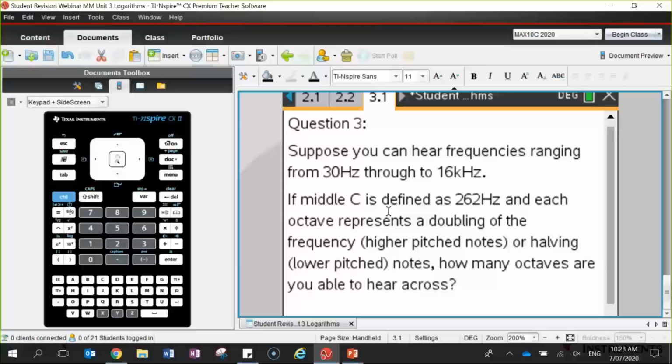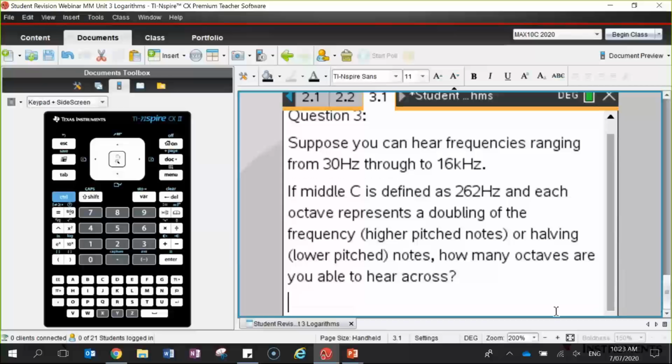All right, it then says, if middle C is defined as 262 hertz, and each octave represents a doubling of the frequency to go to higher pitch notes, or a halving of the frequency to go to lower pitch notes, how many octaves are you able to hear across? So what I've got to do is interpret that information.